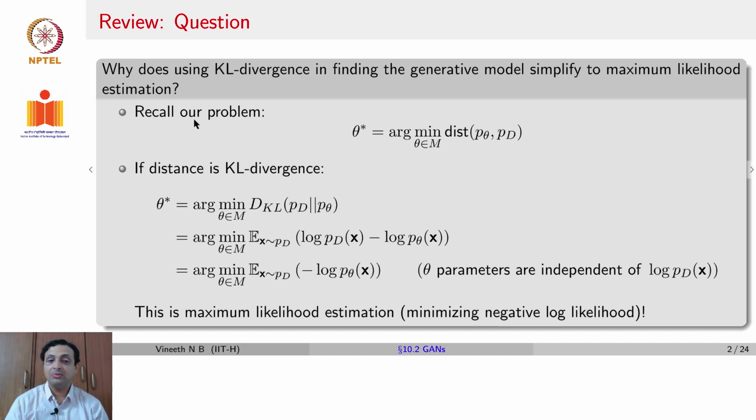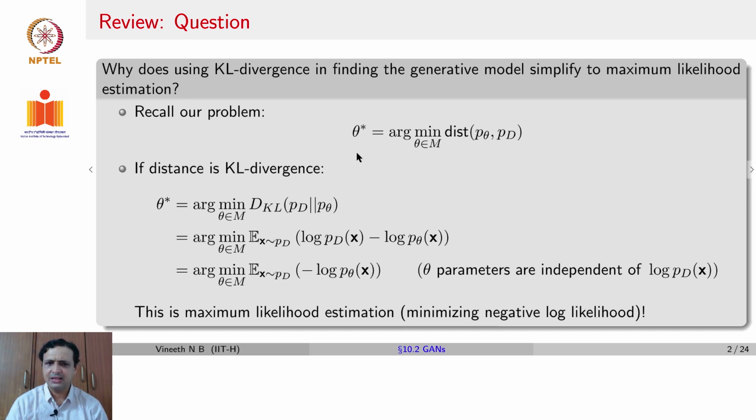If you recall, the problem was theta star is argmin over all thetas from a family of distributions M, some distance function of p theta from PD.